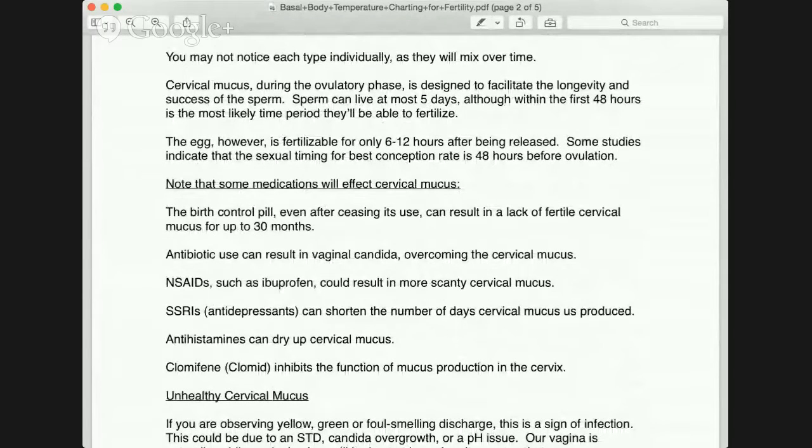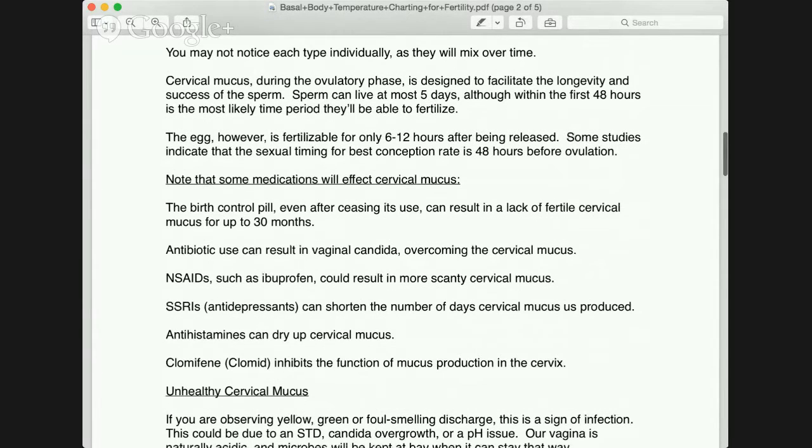This is interesting here. The egg is only able to be fertilized for 6 to 12 hours after being released. I think some sources say even less than that. So it's a pretty small window, but because sperm can live for at the most 5 days, it makes the window a little bigger, so to speak, if the sperm are already in there.